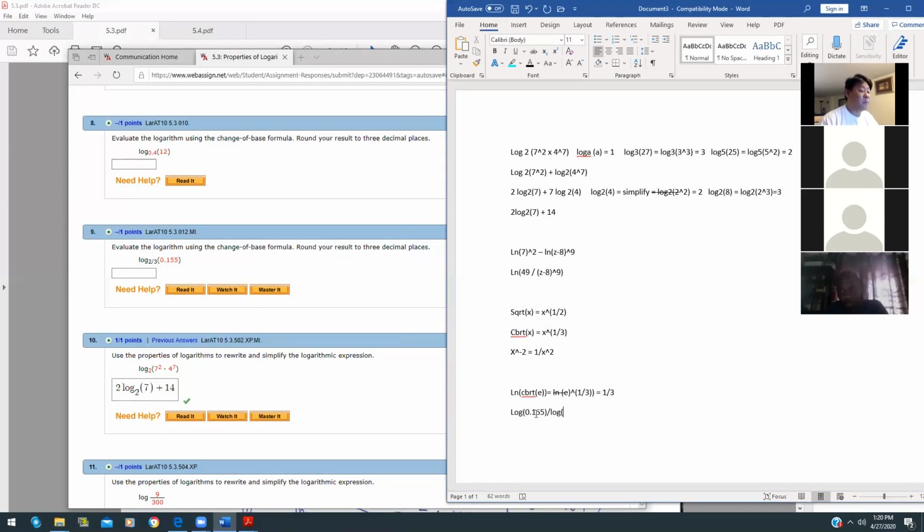And what is your base here? Your base is not 2, it's 2/3. So use your calculator to figure this one out.